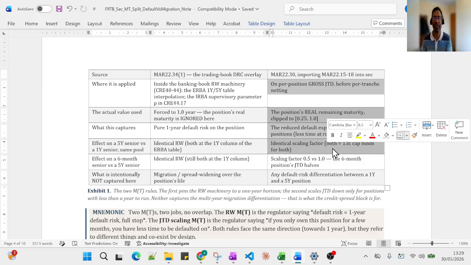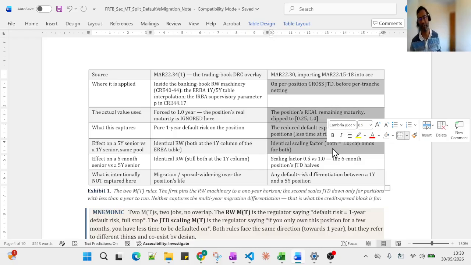Okay, so the main point is, where is that extra risk going? I mean, definitely a tranche that matures in 5 years has extra risk. Okay, it goes into your sensitivities based method, SBM, the credit spread charge, the capital requirement for the credit spread charge. Okay, it goes there. It stays there, and only DRC comes here.